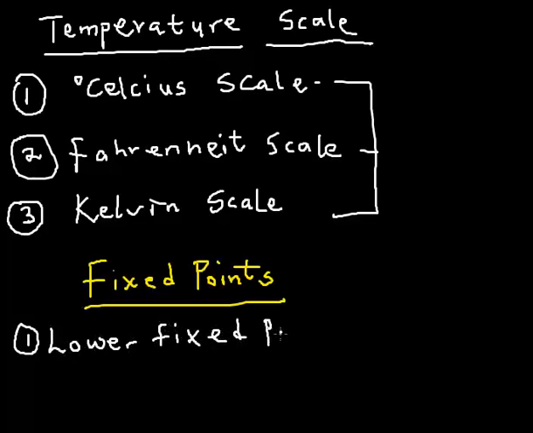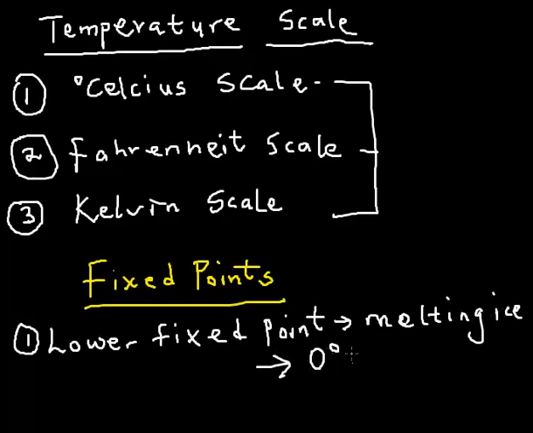Lower fixed point. Of course, the lower fixed point based on a Celsius scale is just the temperature of melting ice, the temperature at which ice actually melts. And we know that the temperature of melting ice is simply 0 degrees Celsius.